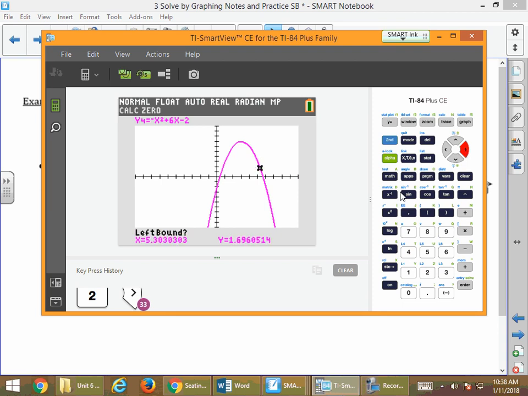Somewhere over here. Your numbers don't have to be the same as mine at the bottom of the screen. Press enter. And then we're going to go a little bit to the right.